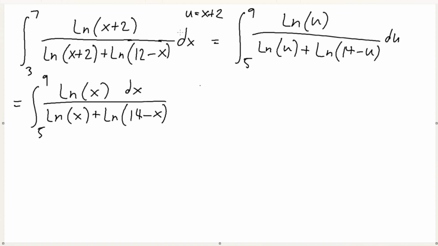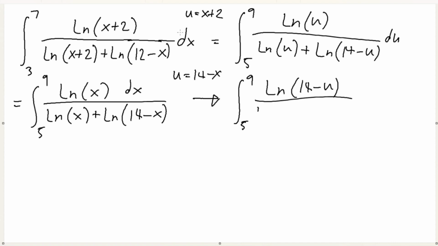So now that I have that, we can go straight into King's rule. Let u equal 14 minus x. We already know what we're doing. We already know what we're forcing this to become. The bounds stay the same. We get ln of 14 minus u, ln of u.